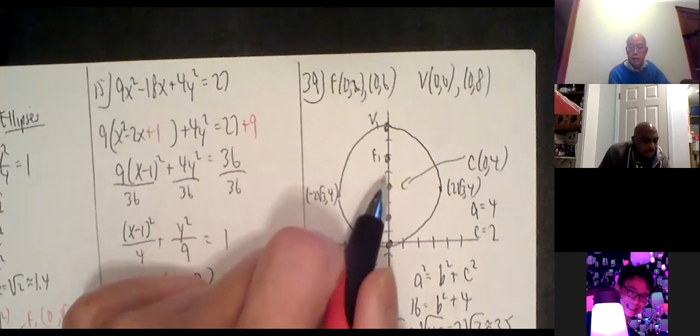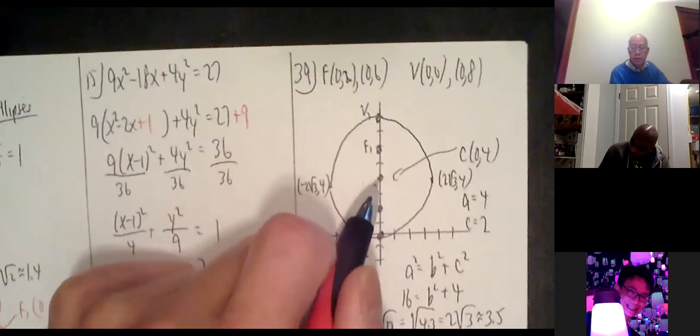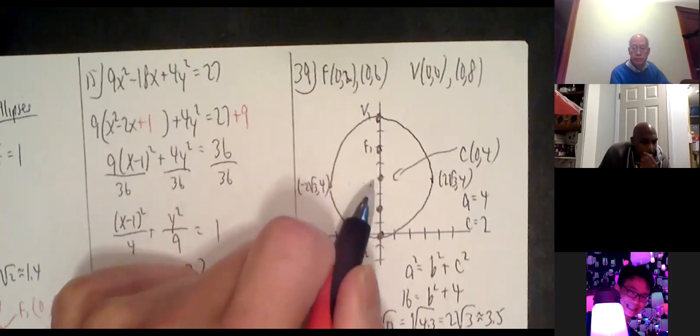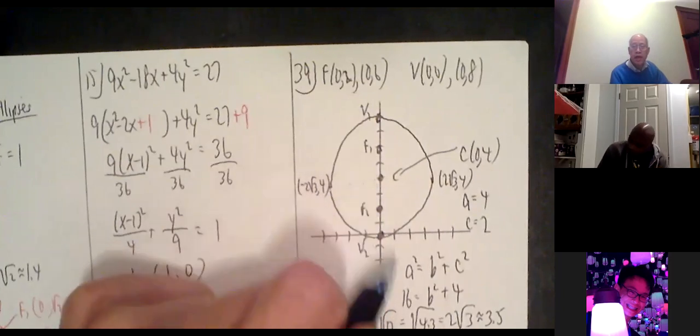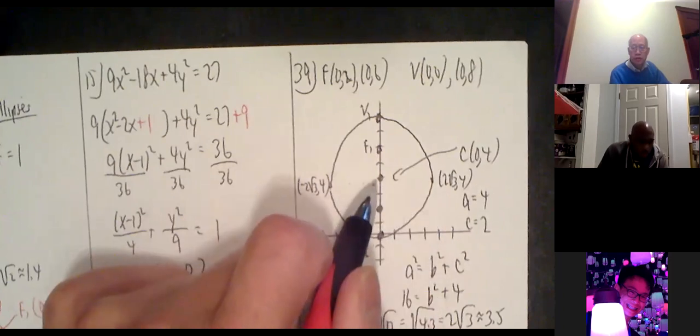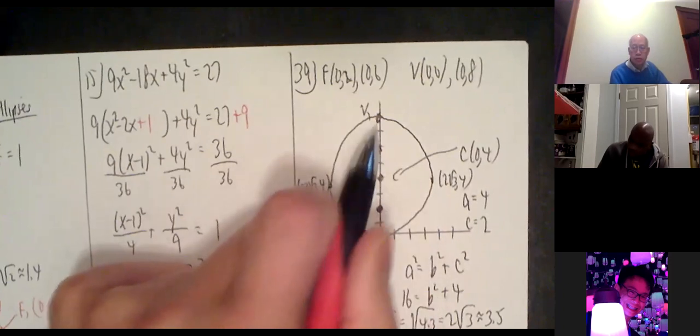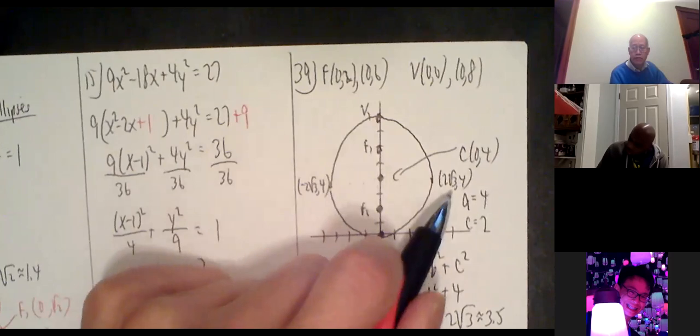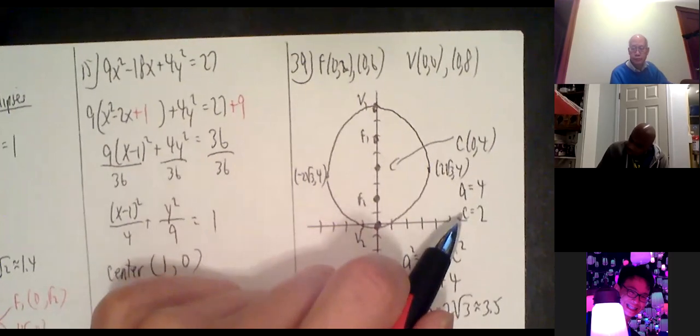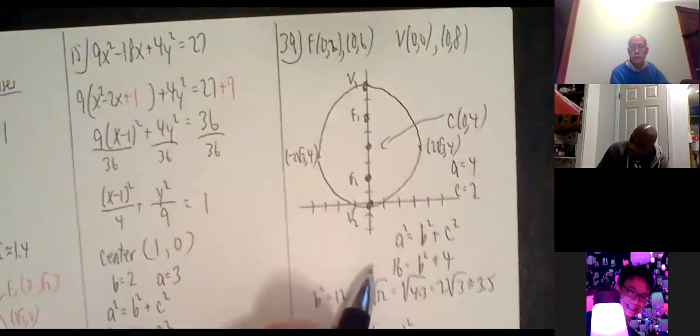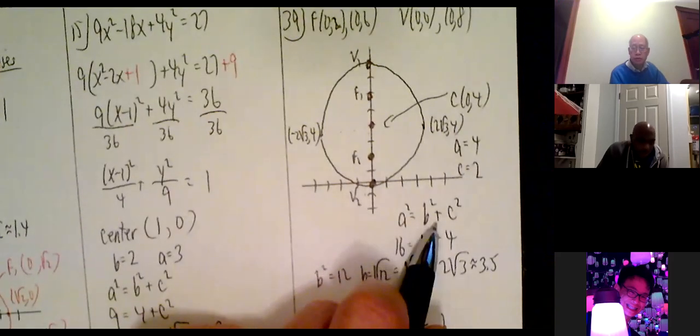Okay, c is 2, the distance from the center to either focus. a is 4, the distance from the center to either vertex. 1, 2, 3, 4, 1, 2, 3, 4. So a is 4, c is 2. a squared equals b squared plus c squared for the ellipse.